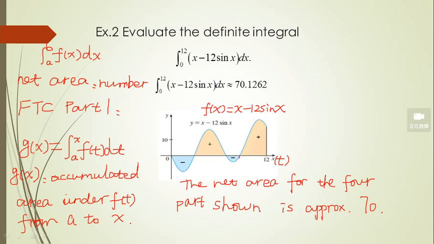So what is g(x)? It will be the area, minus, plus, minus, the sum of those three parts. That is g(x), another function we defined according to FTC part 1, the accumulated area from a to x, depending on the x you choose. So don't be confused about the integrand f(x) or f(t) with the g(x) here. In the quiz, we assigned some questions like that. So be careful, okay?